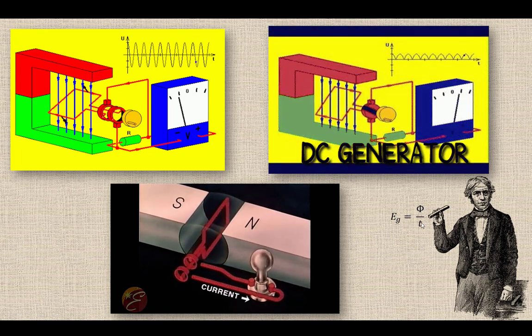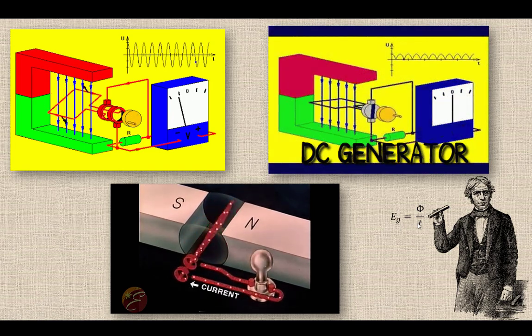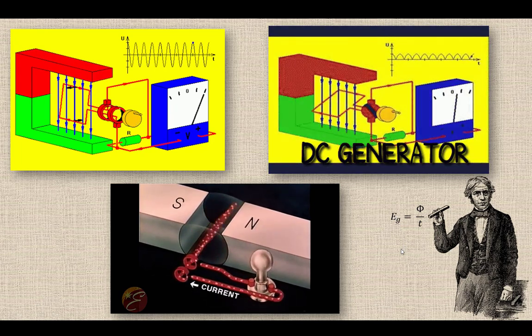And T is time measured in seconds, and it's saying that we're talking about the time it takes to cut lines of flux. So the less time that it takes to cut a line of flux, the higher the voltage. So as the time in between cuts goes down, this voltage will go up.